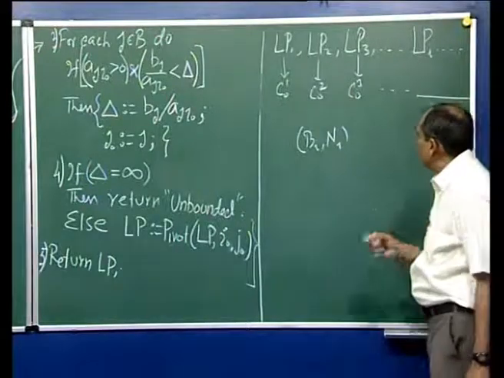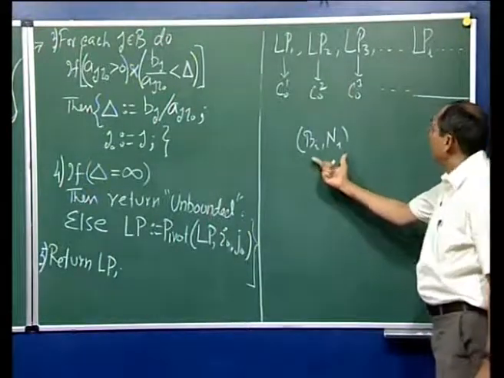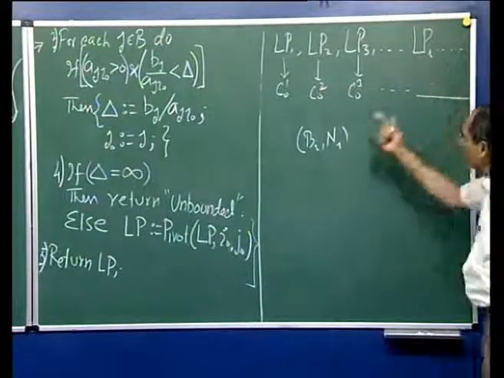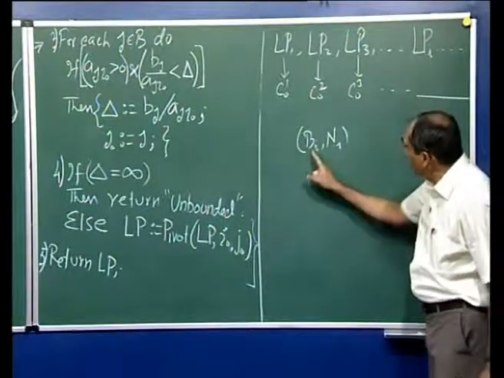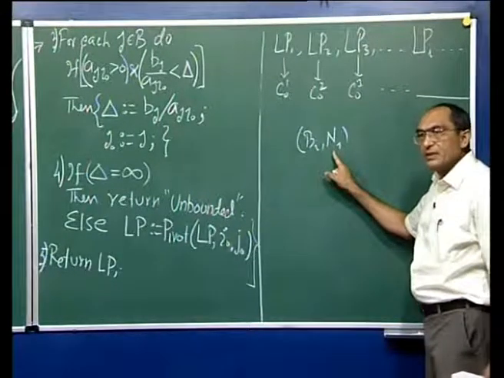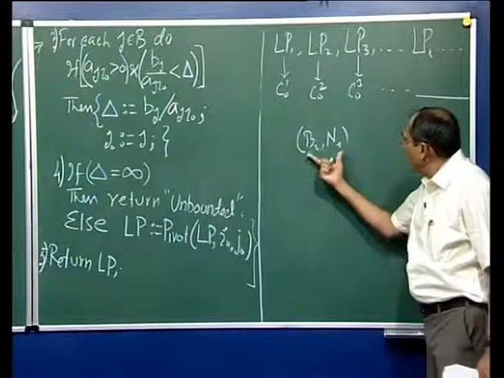then we notice that after a while this set must repeat, because if this is an infinite chain, the set of variables, the union of B and N, is the same. It is the same set of variables.